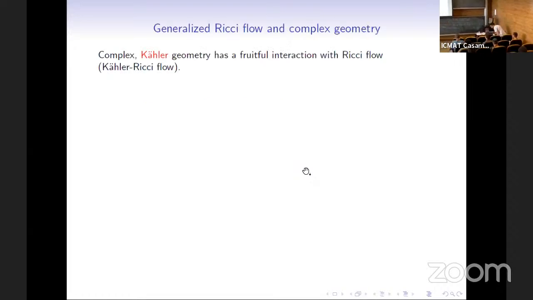Okay. So the starting point is the nice, by now very old observation that complex Kähler geometry has a nice interaction with the classic Ricci flow equation and gets called Kähler-Ricci flow.